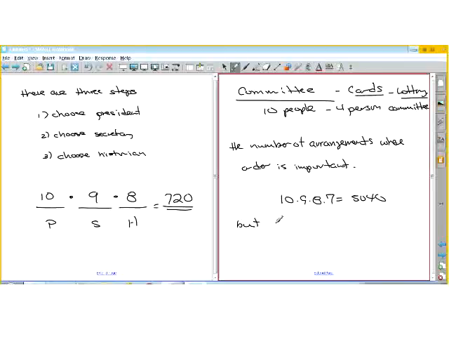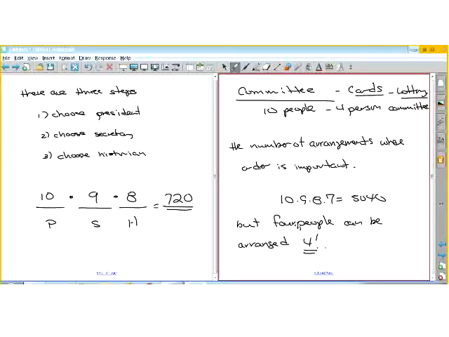But 4 people can be arranged how many ways? Can be arranged basically 4 factorial. Why is that?